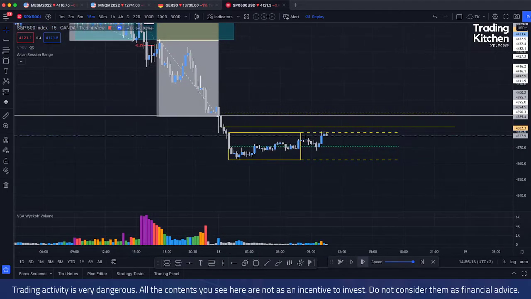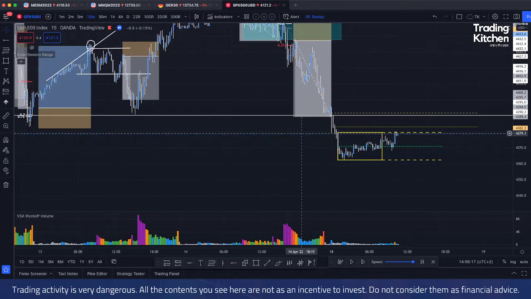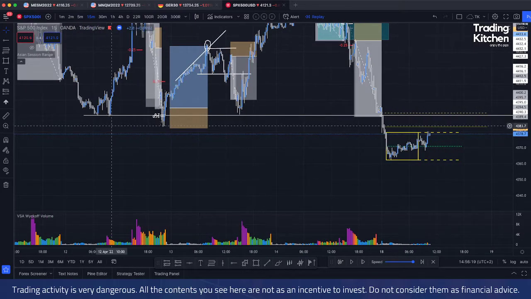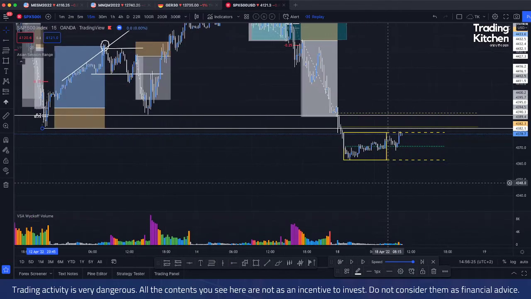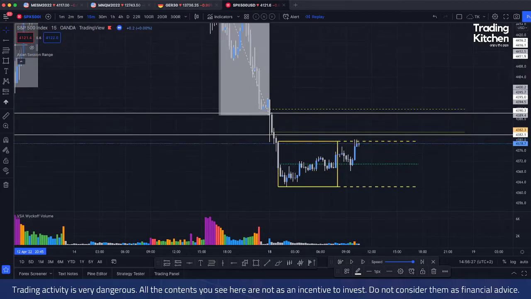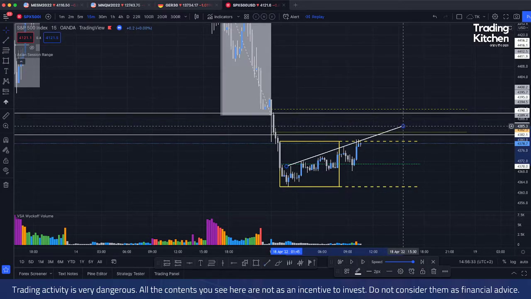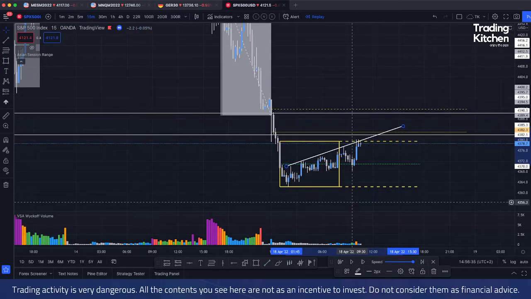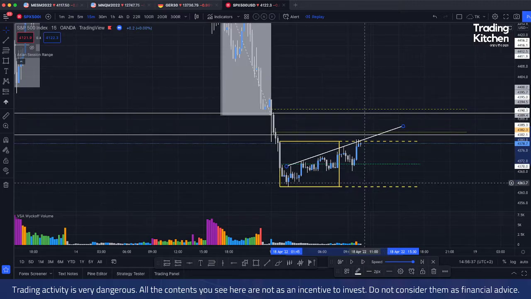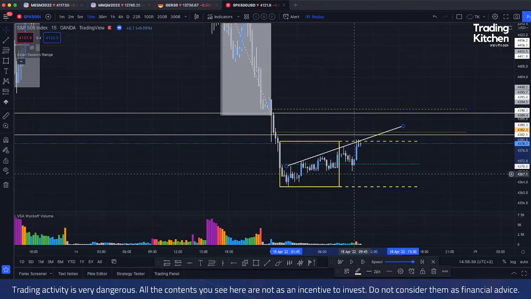So now we broke this zone. What does it mean? It means the price is going to grab the liquidity here. So yes, we are strongly bearish, but we have to be careful, because in this case price could break the structure, grab the liquidity here, and go up.